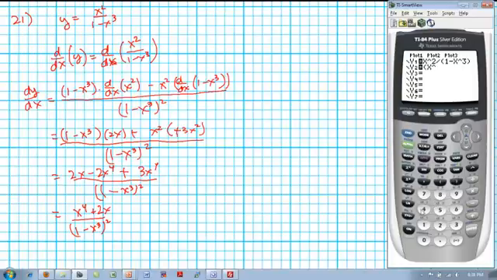Let's go ahead and graph the derivative function and see if it matches our expectations. X to the fourth plus 2x, and we're dividing this all by 1 minus x cubed quantity squared. Okay, and you could barely see that little dip there. Let's go ahead and zoom in.